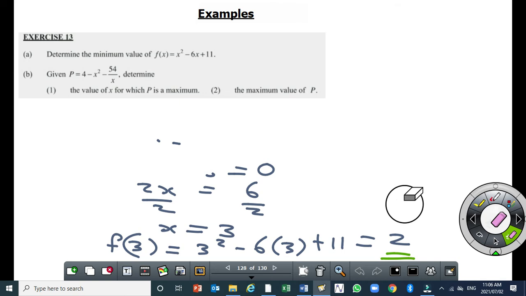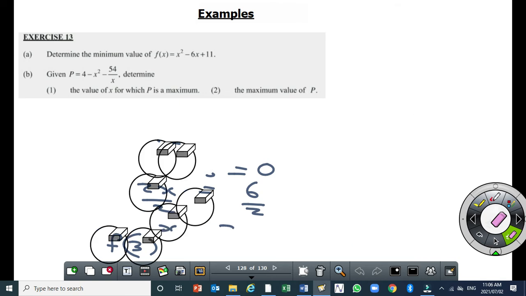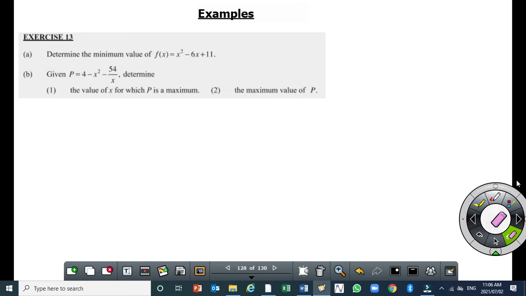Alright. Let me go over the next question. Right, the second question, it says, given that p is equal to 4 minus x squared minus 54 over x, determine the value of x for which p is a minimum.